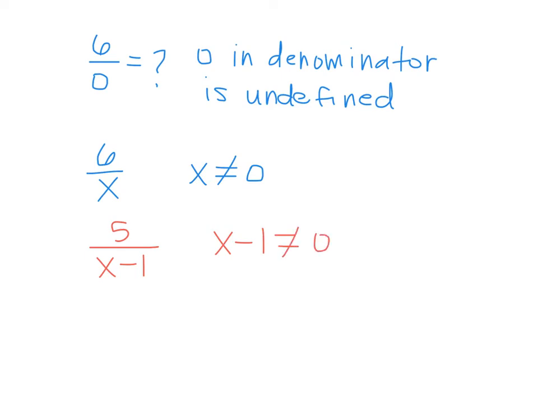And then if we solve that for x, add a 1 to both sides, just like if we have an equation with an equal sign. All right, we're going to get x not equal to 1. So if we have this expression, 5 over x minus 1, we can ensure that it won't have 0 in the denominator as long as we choose values of x that are not equal to 1.